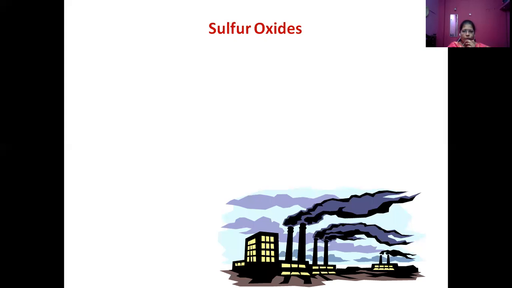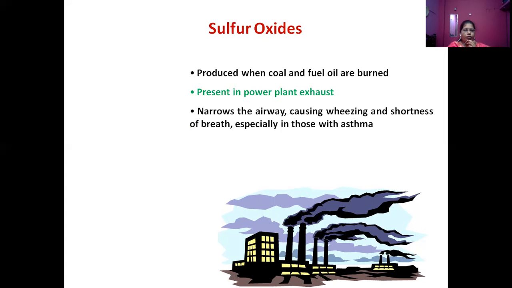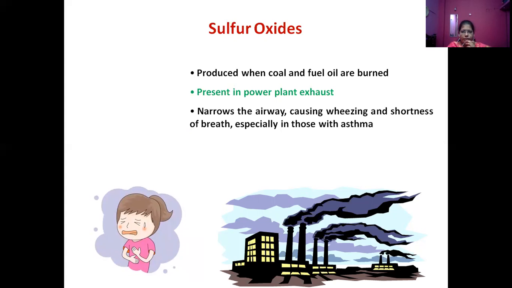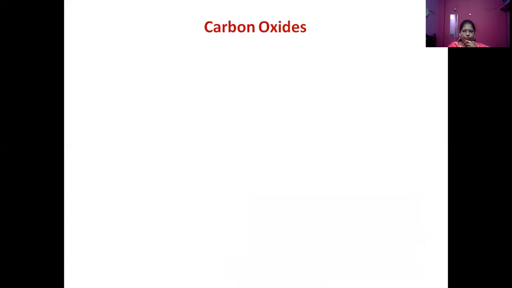Then sulfur oxides. These are produced when coal and fuel oil are burnt, present in power plant exhaust, and can narrow the airways, causing wheezing and shortness of breath, especially in those with asthma.